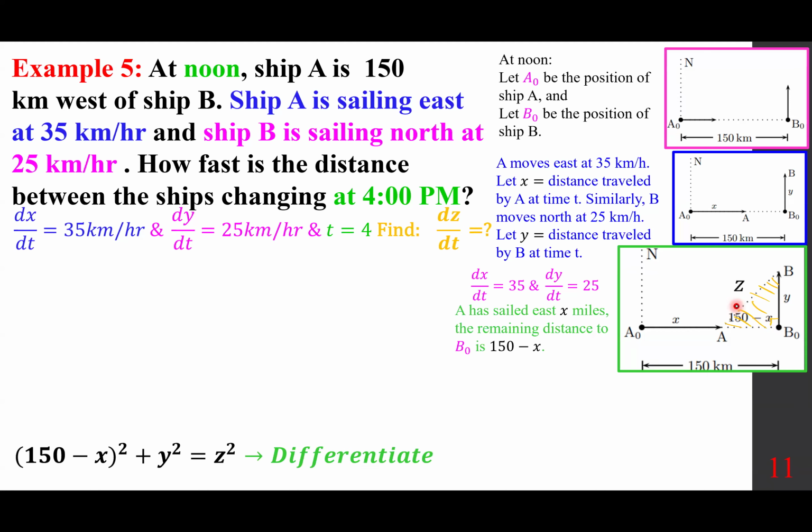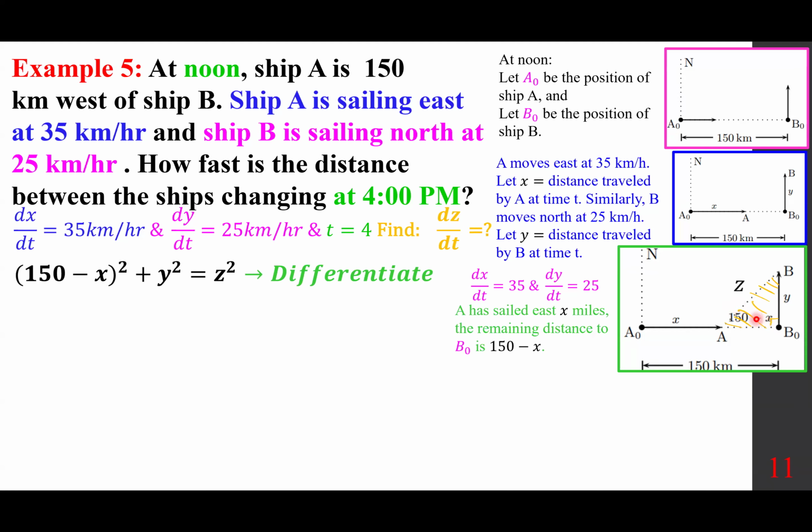So we're going to write 150 minus x quantity squared plus y squared equals z squared. And we are going to differentiate. All of this explanation was to make sure we understand how we arrive at this equation, which is the Pythagorean theorem. Now, one step of calculus is differentiation. How do you differentiate this with respect to time?